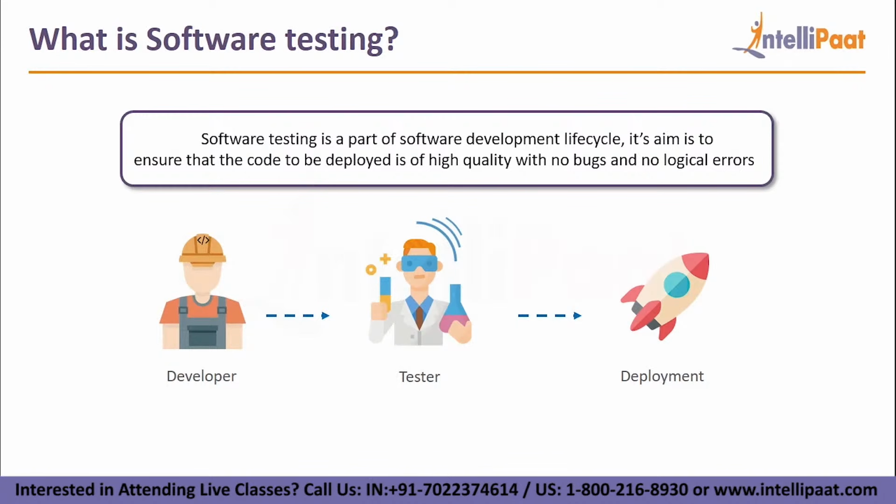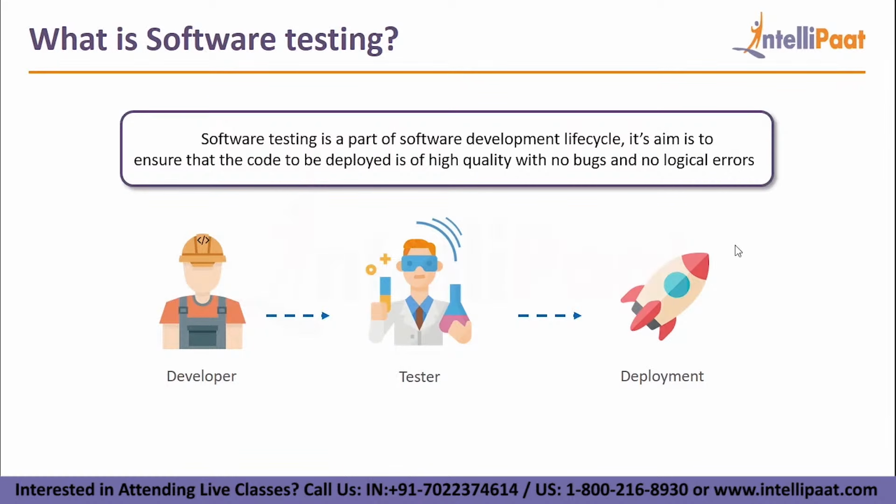He does so by running rigorous tests on that application to make sure it's a proper application. And if there are no errors in the tests that are found on the application code, then it's sent for deployment. And if there are errors found, then the tester sends it back to the developer so that the developer can fix those errors. And then the cycle repeats until a proper application is developed.